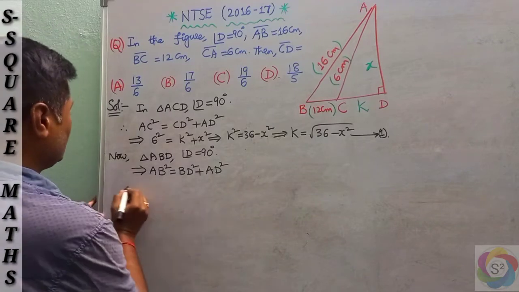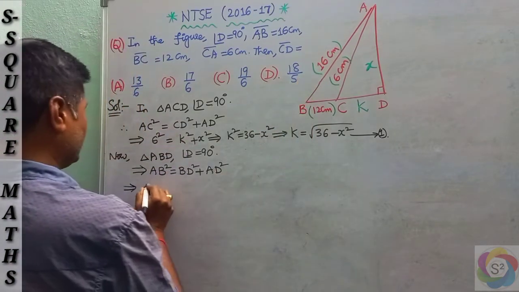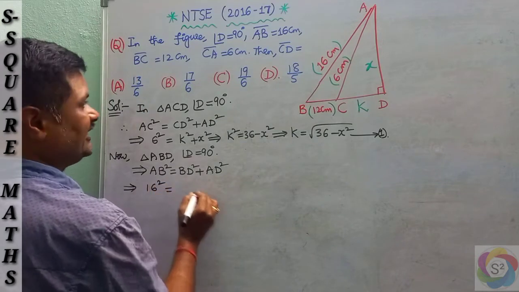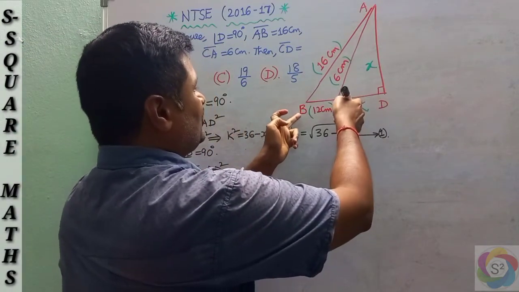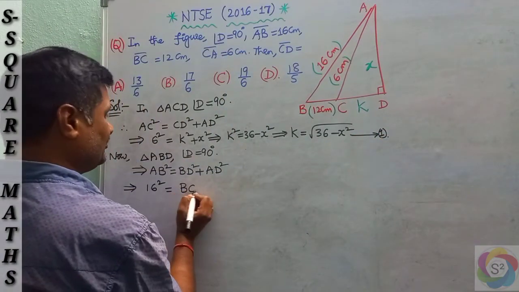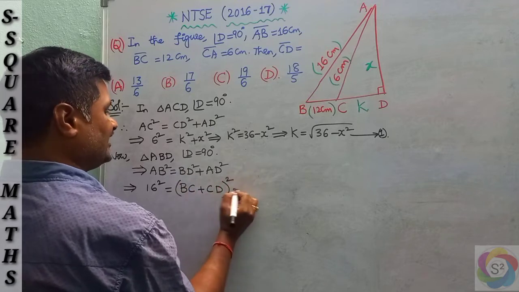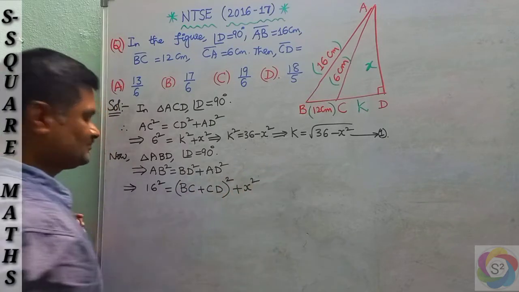AB is 16, so 16 square is equal to BD square plus X square, where BD is a combination of BC and CD. So it is BC plus CD the whole square plus X square.